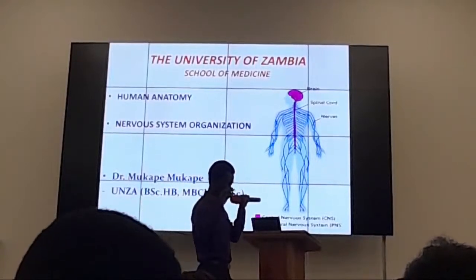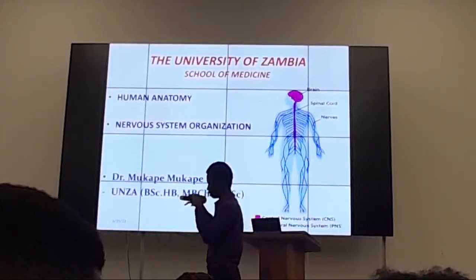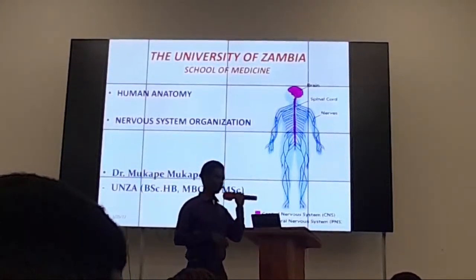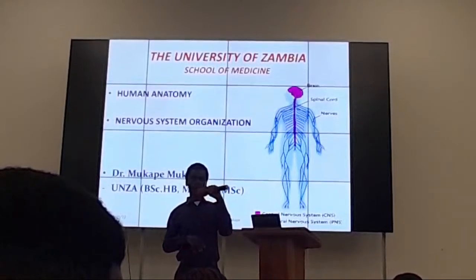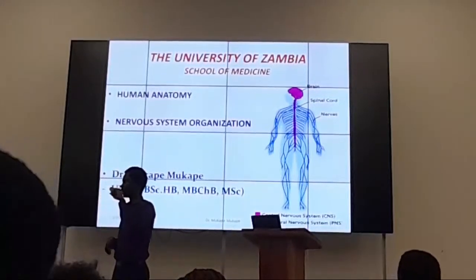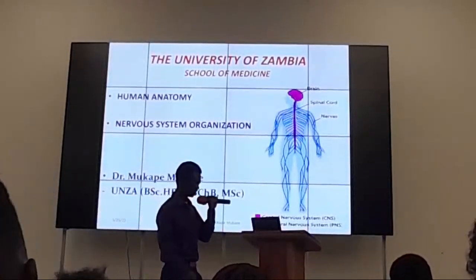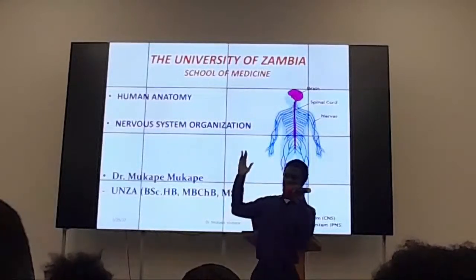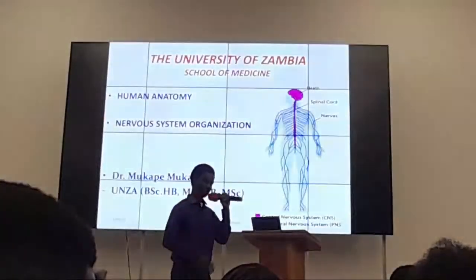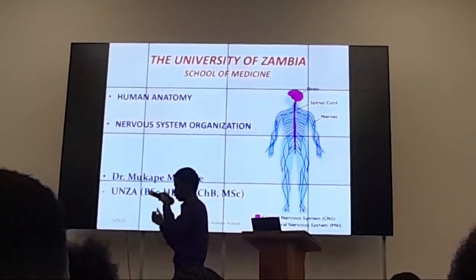And then we have also cranial nerves which have parasympathetic function. Cranial nerves number what? Cranial nerves 3, 7, 9, and 10.